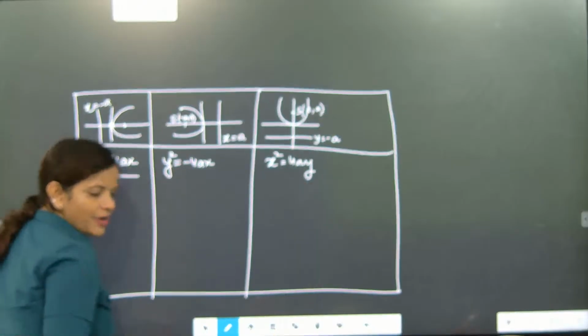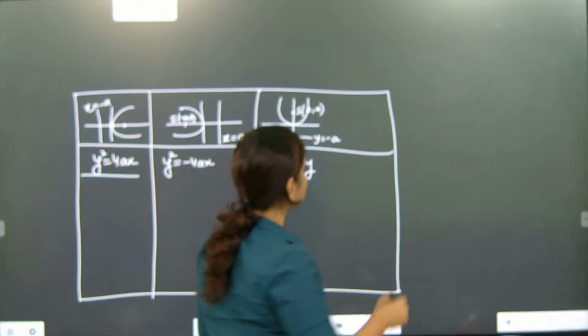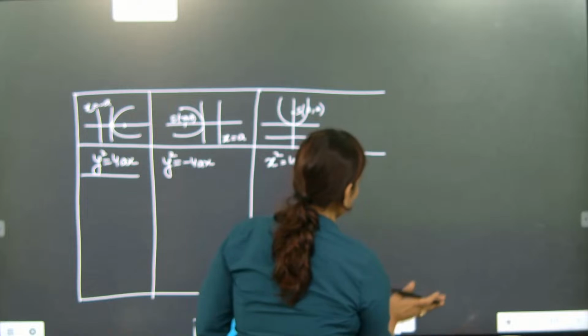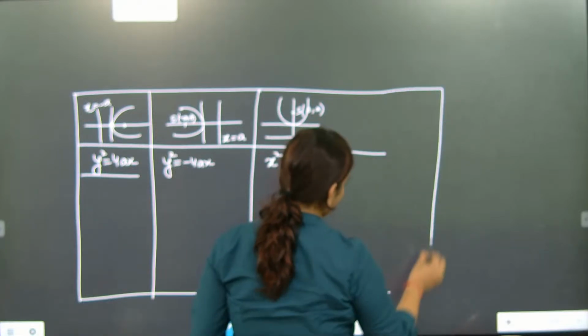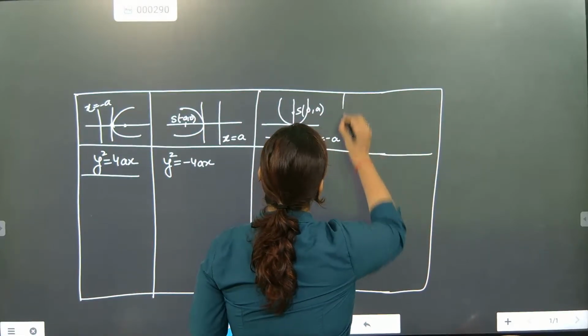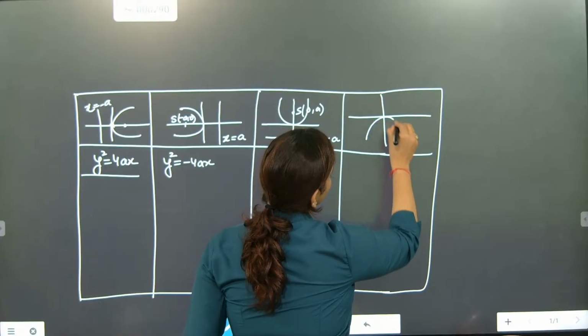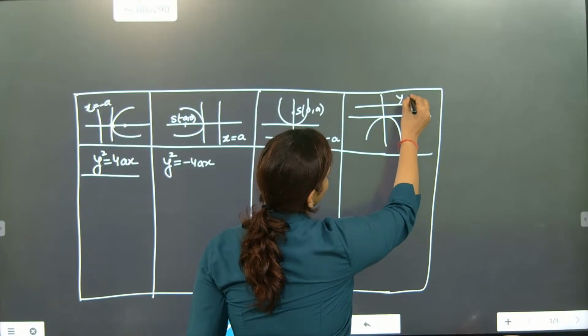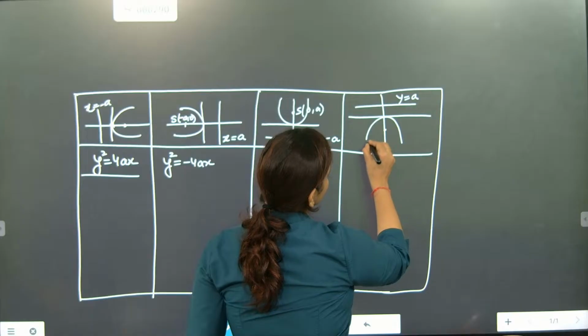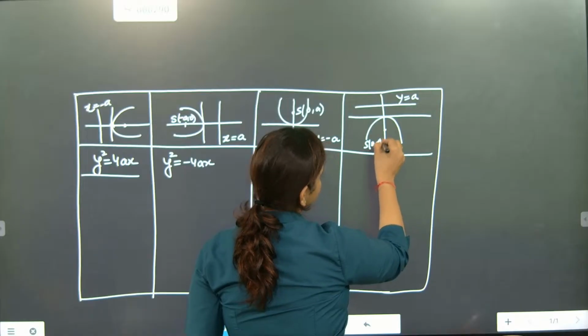The last parabola we are drawing is the fourth parabola, and there the mouth will be exactly down. So Nishi, look here, the directrix will be y equal to a and the focus will be considered as 0 comma minus a.